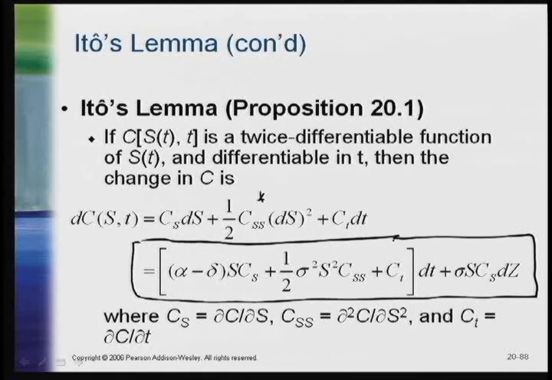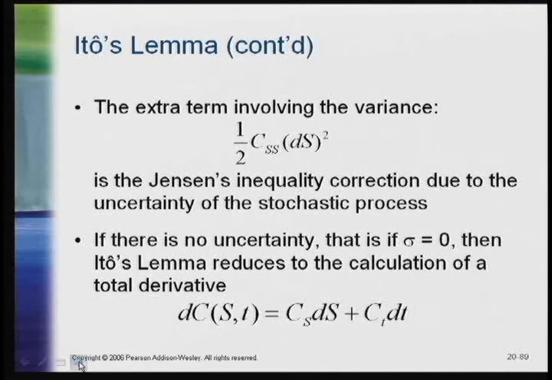And the answer is we need to use some rules that we saw earlier on how to multiply dt's and dz's, and I'll get to that in just a minute.